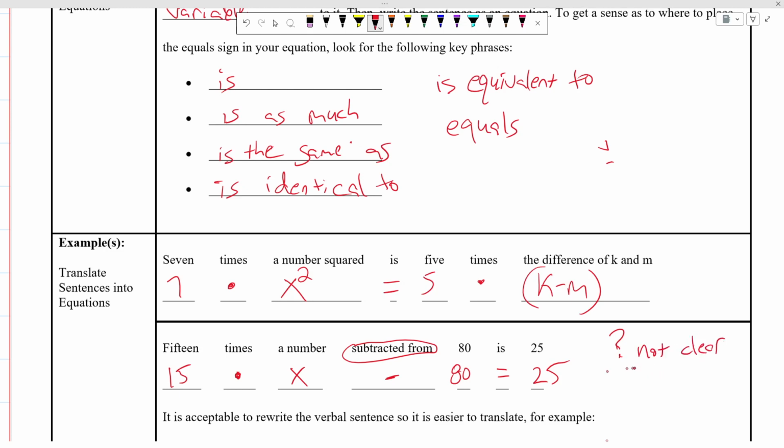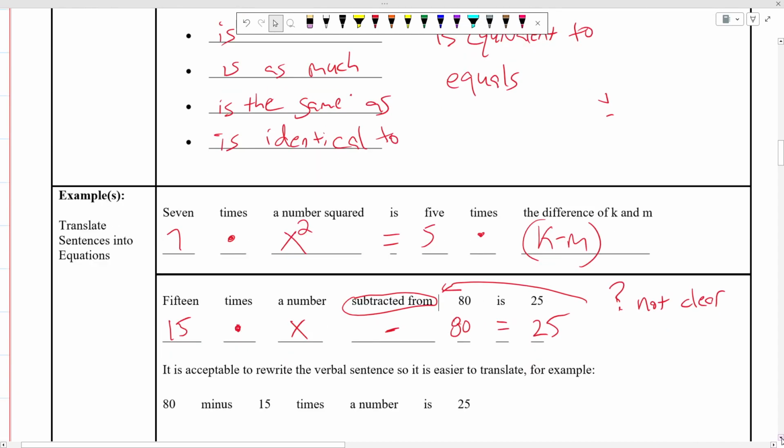But let's rearrange this a little bit. It is acceptable to rearrange this a little bit in a way that makes more sense, especially if it leads to higher rates of accuracy. And in this case, rearranging it will indeed lead us to more of a correct solution here.